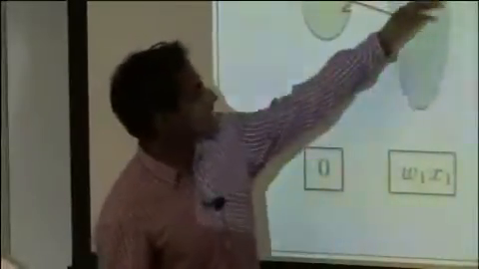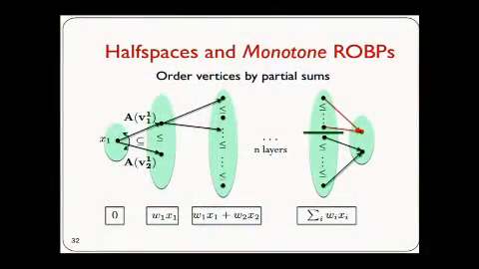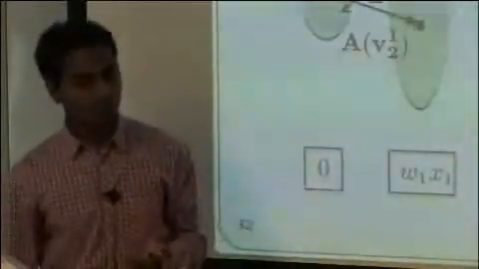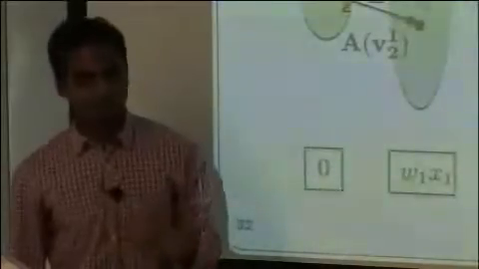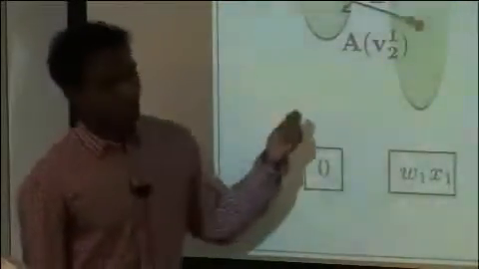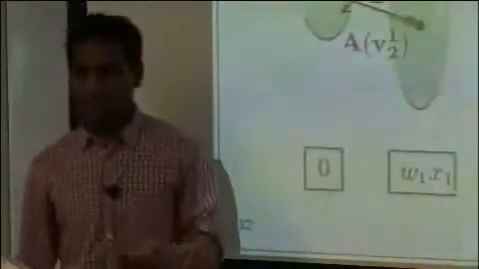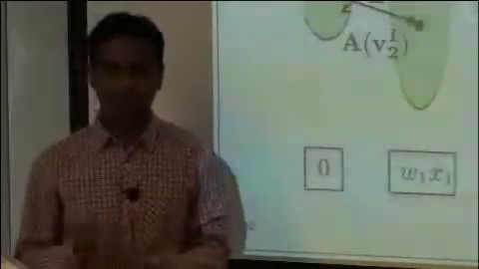For instance, you'll start from minus n times x all the way up to nx at the bottom. And observe that if in this ordering a vertex v1 is less than a vertex v2, then the set of accepting strings from v1 is contained in the set of accepting strings from v2. Why is that? You start from a partial sum and say you end up at an accepting state. Then you should also end up at an accepting state if you start from a higher partial sum, because you're only looking at a threshold.